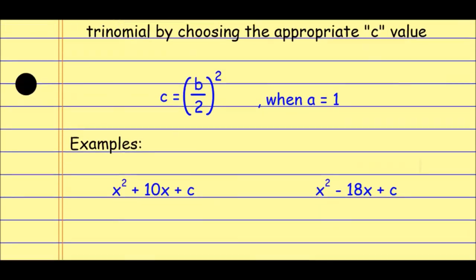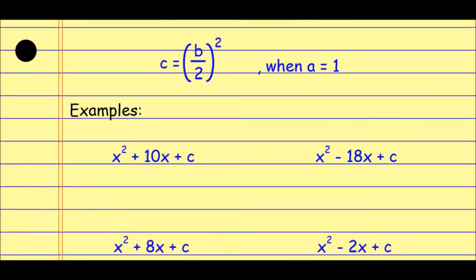For example, if I had x squared plus 10x plus c, I'm going to replace the c. I'm going to pick a new value for that number at the end that will create a perfect square trinomial. All I do is B divided by 2 and square it. In this case, the B is 10. 10 divided by 2 is 5, and 5 squared is 25.